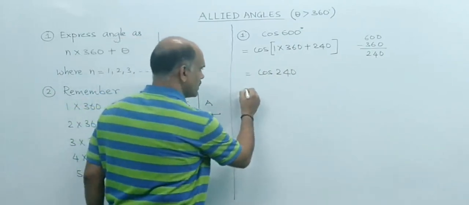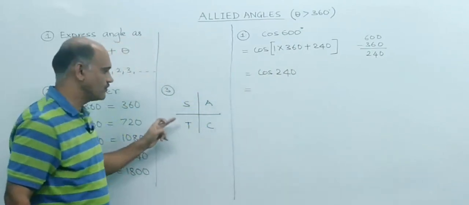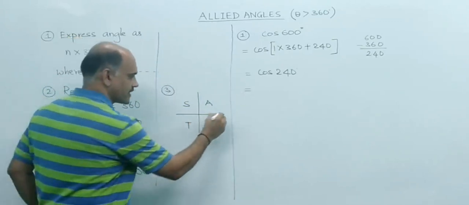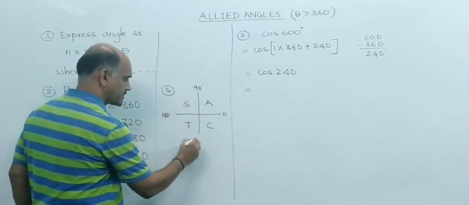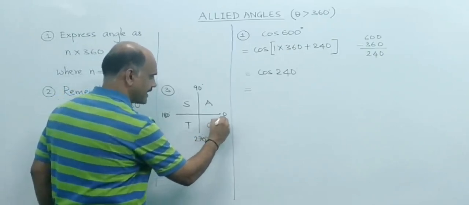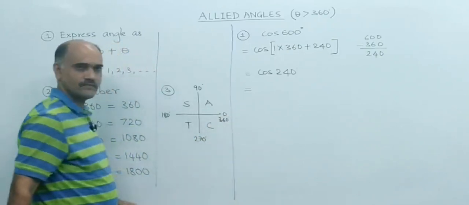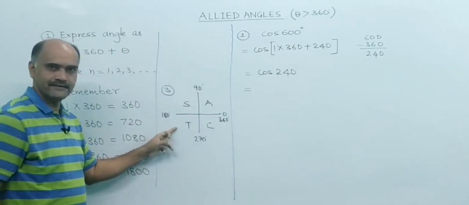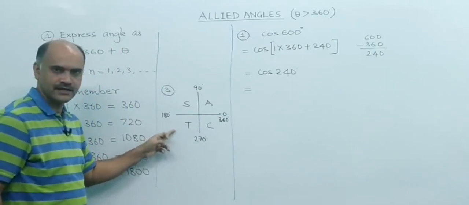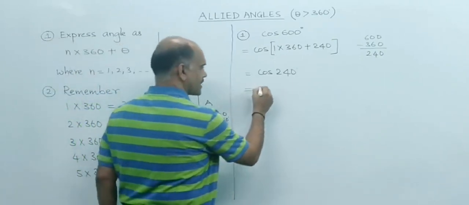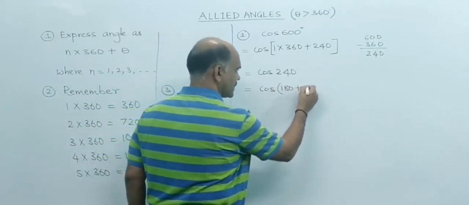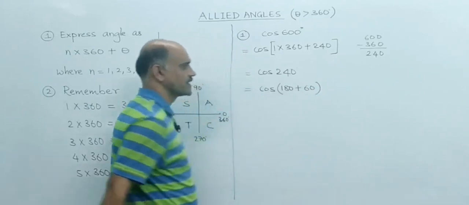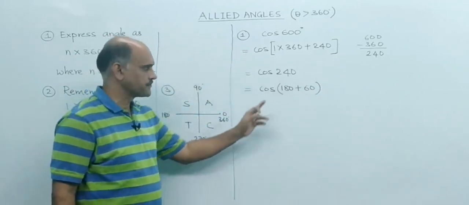240 is near to 180. So if I take 0, 90, 180, 270, and again we will be having 360. So 240 is greater than 180. So I can write it as cos of 180 plus 60.